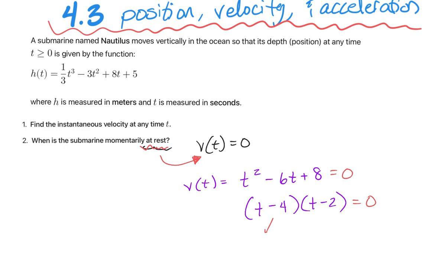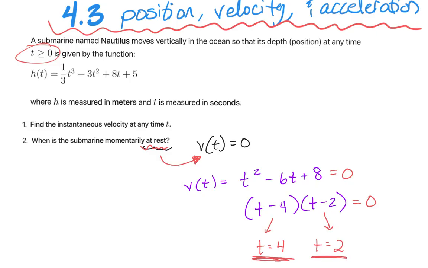According to our zero product property, we know that the velocity is equal to 0 when t equals a positive 4 and when t equals a positive 2. Those are both in our domain because time has to be positive. We're not going back in time. So this particle is at rest after 2 seconds and after 4 seconds.